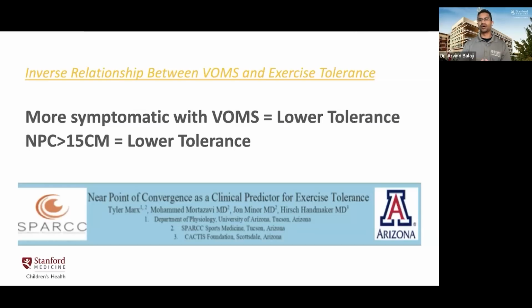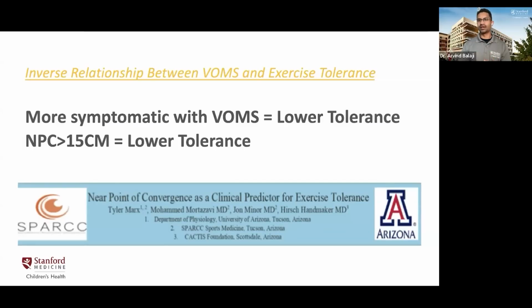That helps us to know that if an athlete has significant issues with their vestibulo-ocular motor system, then it's likely that they won't tolerate exercise very well that day. And so you may not necessarily want to provoke them and try to push them too hard that day because it is unlikely that they'll have a great outcome.